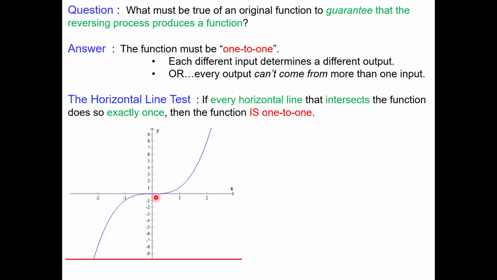Even though right here in the middle it looks like it might touch more than once, if I zoomed in, this is not really flat. So the horizontal line test says the following. If every horizontal line that intersects or touches the graph of our function does so exactly once, then the function is 1-to-1. So this is a test for us to figure out, is the function we're working with 1-to-1?